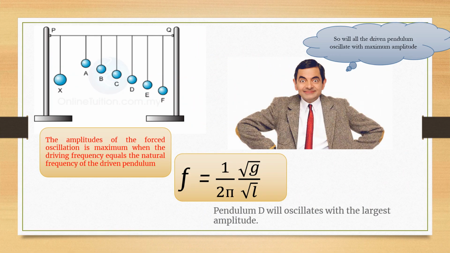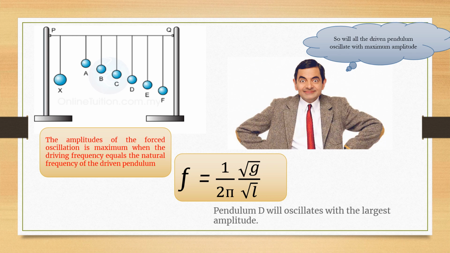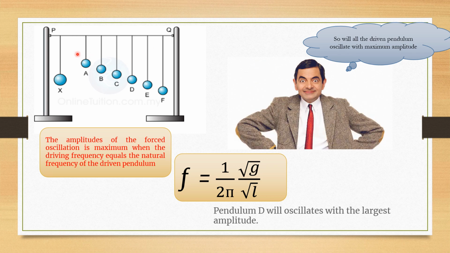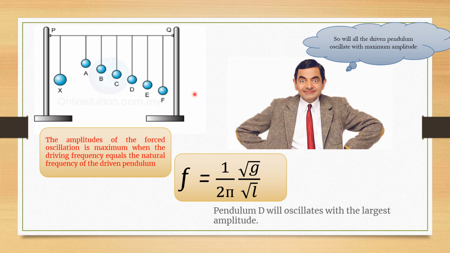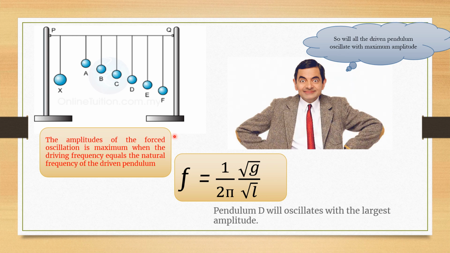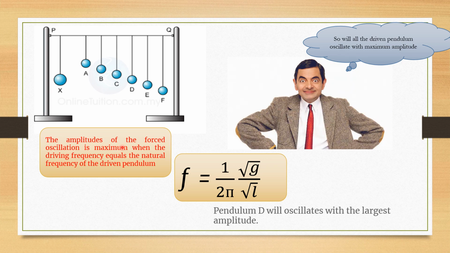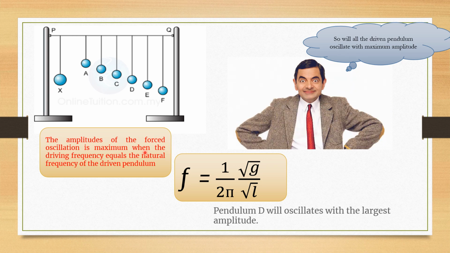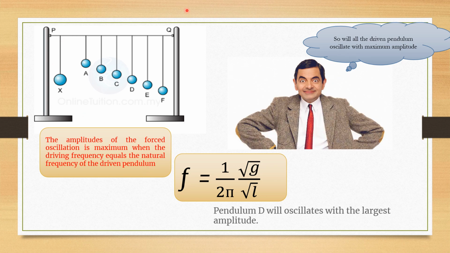So now the question comes: since we have so many driven pendulums, which driven pendulum will oscillate with maximum amplitude? Let's look at this concept. The amplitude of the forced oscillation is maximum when the driving frequency equals the natural frequency of the driven pendulum. This is a pendulum, correct?